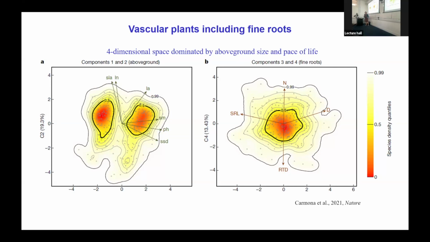And fair enough, we found that root traits add 2 non-redundant dimensions to the plant phenospace, but these dimensions are definitely subordinate with respect to the first 2, which are still prominently body size and pace of life of the above ground plant.